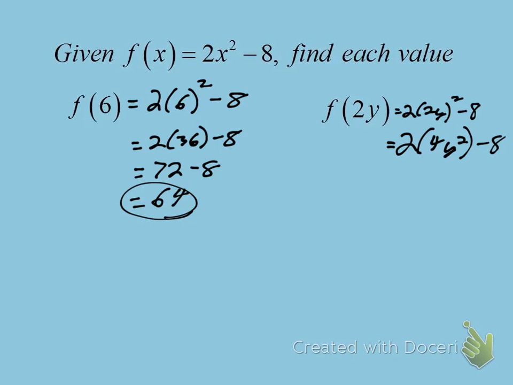And then the 2 in front of the term. Now what's 2 times 4y squared? 8y squared. 8y squared minus 8. That's your answer. That's just your answer, separate from the function. That's two different questions.